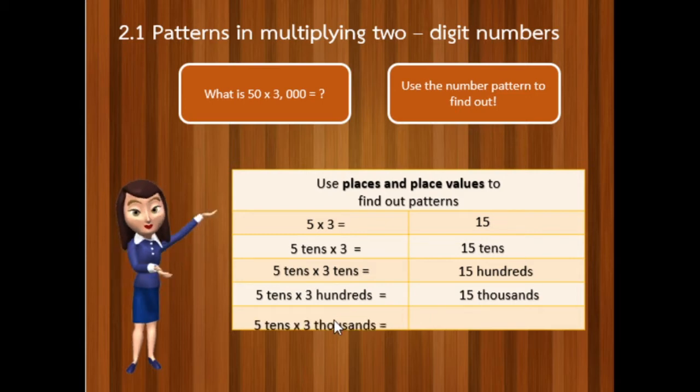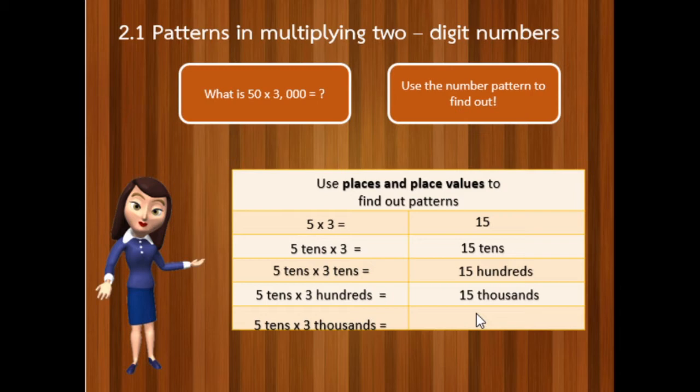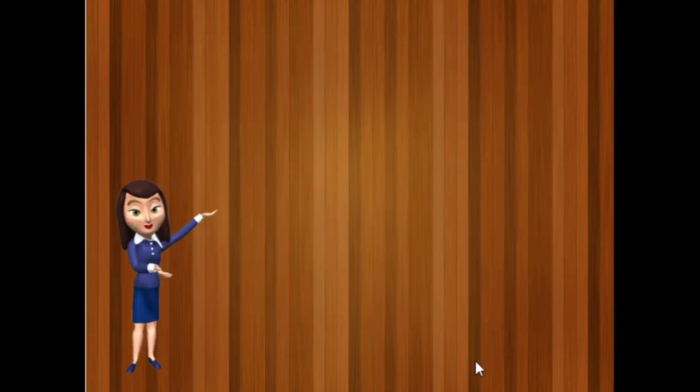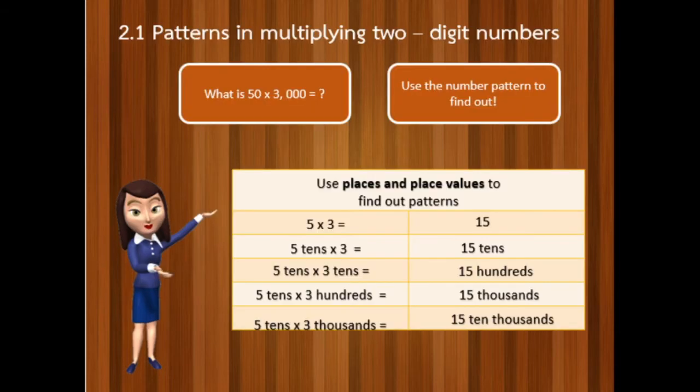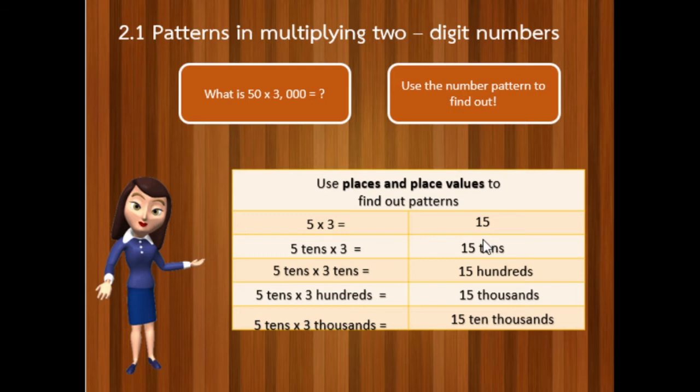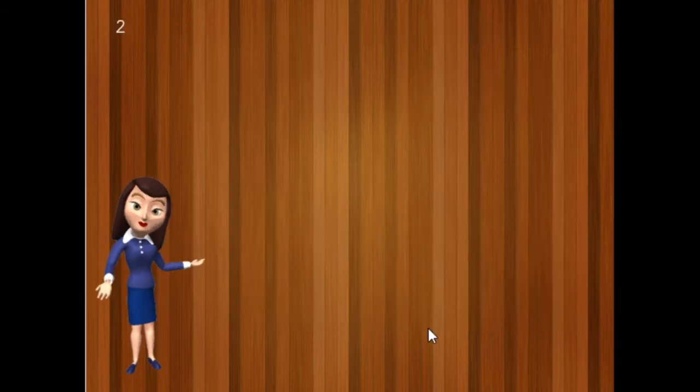And 5 tenths times 3 thousandths equals 15 ten thousandths. When we do this, you just have to add zeros if we write it in number form.